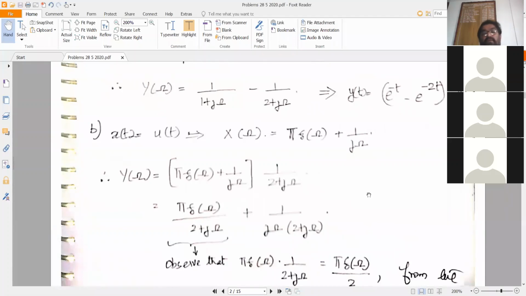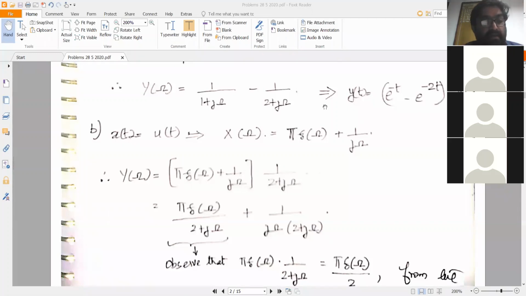For example, if your impulse response h of t was equal to u of t, then if you are asked to find out the impulse response or the frequency response, you see that the Laplace transform of u of t is equal to 1 by s, whereas the Fourier transform of u of t is equal to pi delta omega plus 1 by j omega.